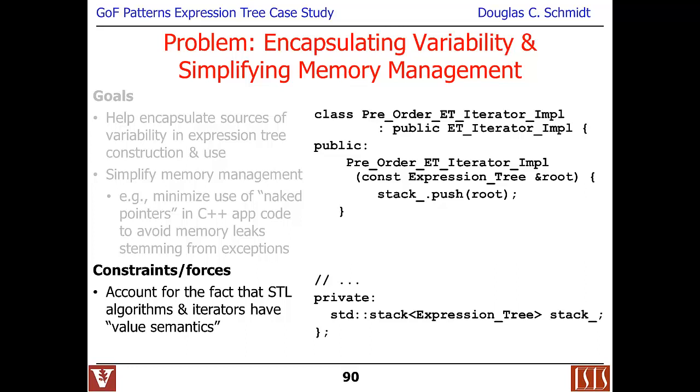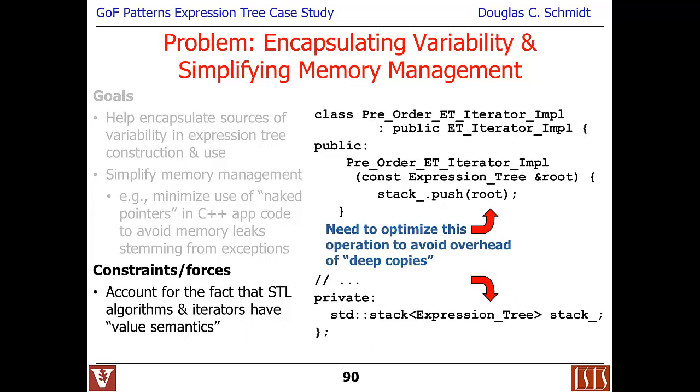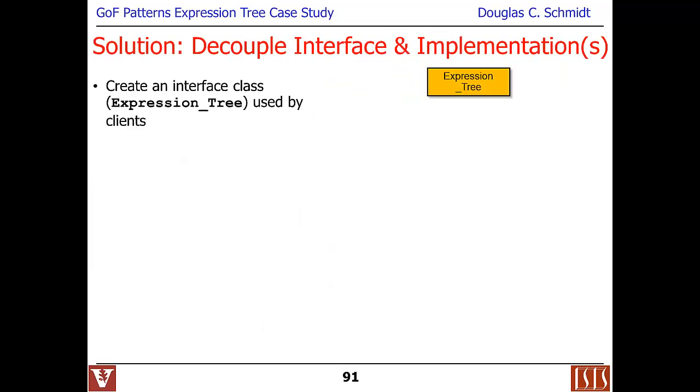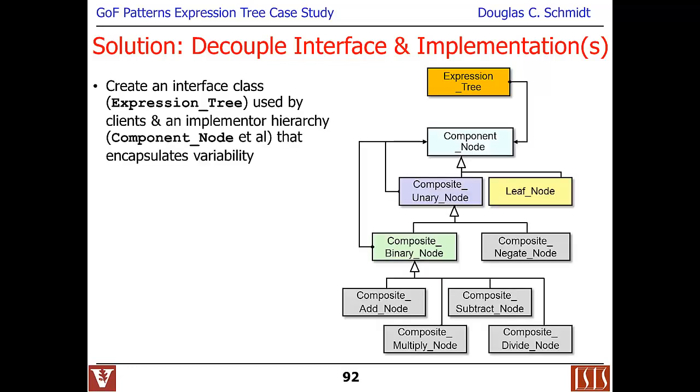So what are we going to do in order to address all these different design constraints? Well, we're going to come up with a way that decouples the interface and the implementations. We're going to create an interface class, which we're going to call expression tree, which you would call tree in your current solution. And that's the main abstraction that's going to be used by the client code, the code that's actually leveraging what we're producing here.